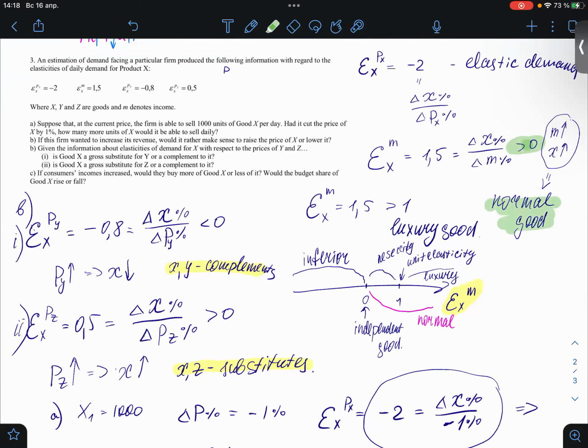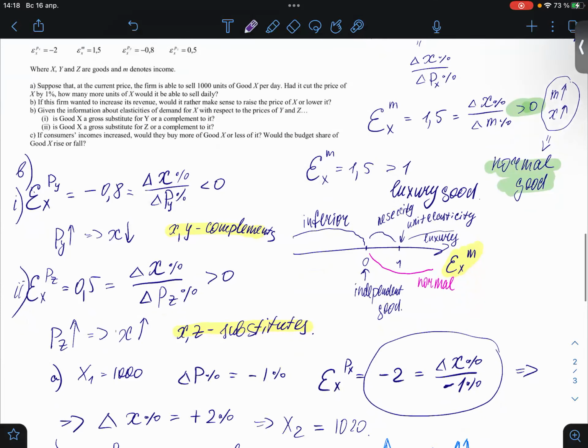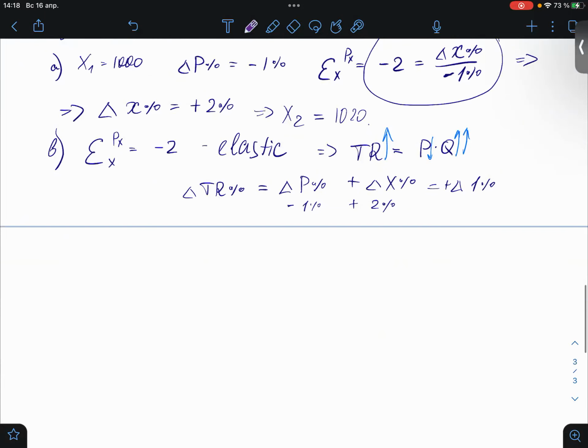Then, would the budget share of good X rise or fall? What does budget share mean? Budget share is the share of your income that you use for buying this good. So let's see, budget share.